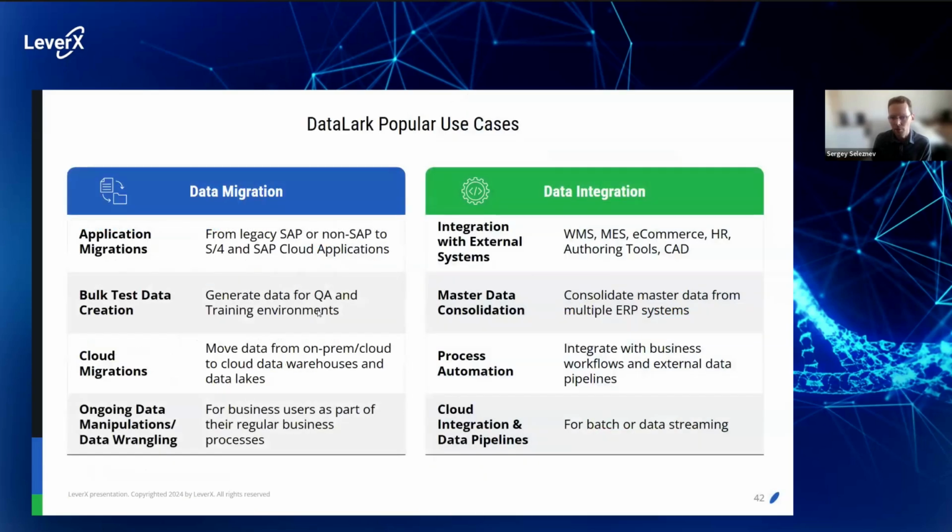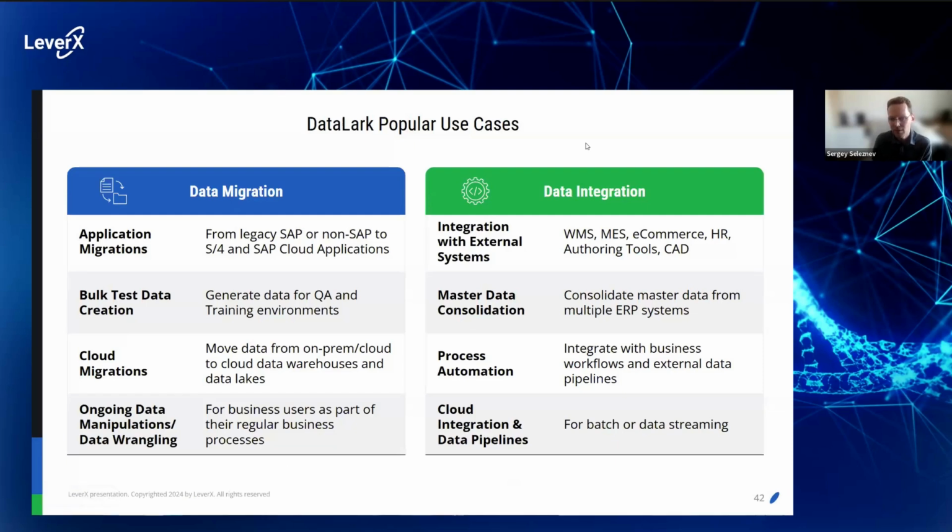So there's a number of popular use cases that we came across, and we see popularity across our customer base as well. They are split into two groups, data migration on the left side and data integration on the right side. The difference is that data migration is usually a one-time event for a specific set of applications. And data integration, on the other hand, is an ongoing data flow that can run in the background continuously 24/7.